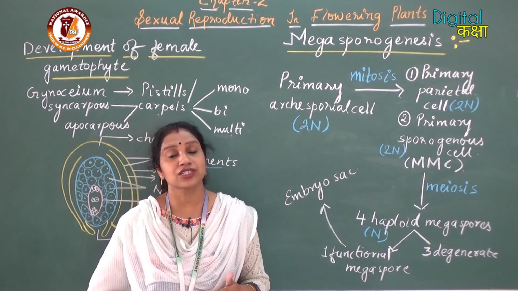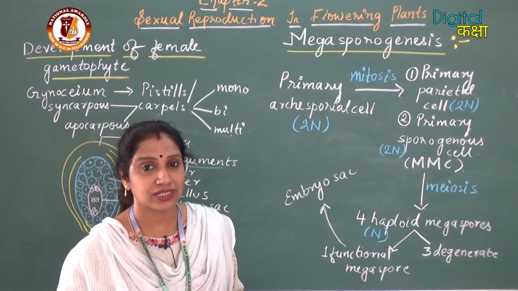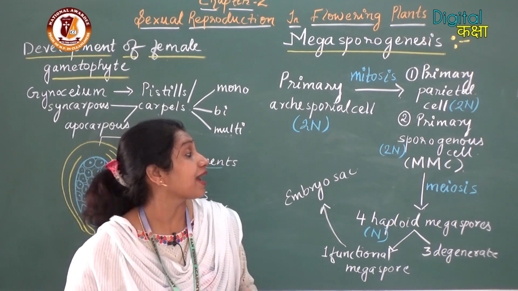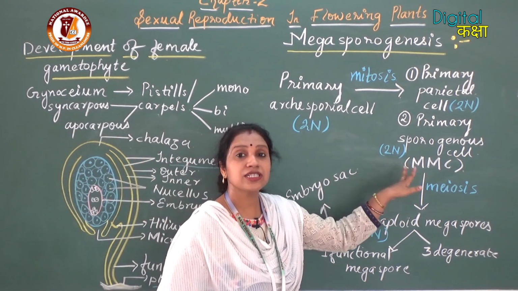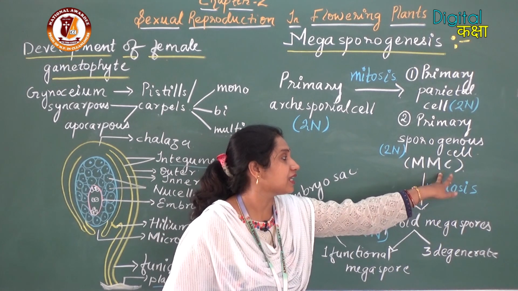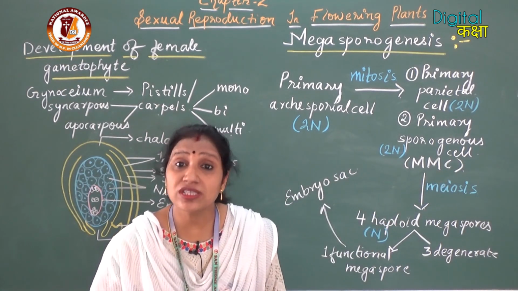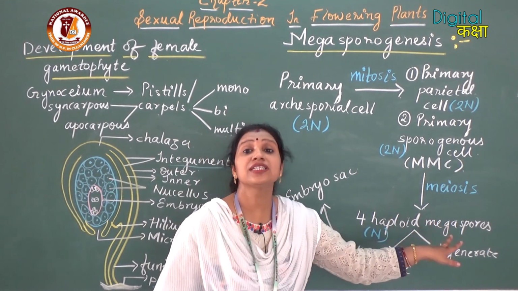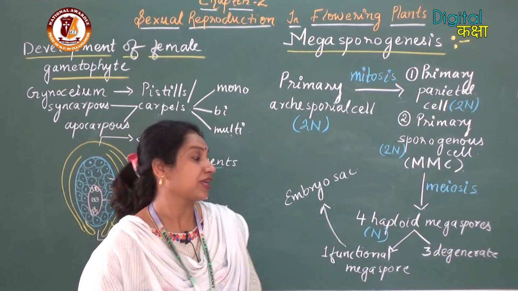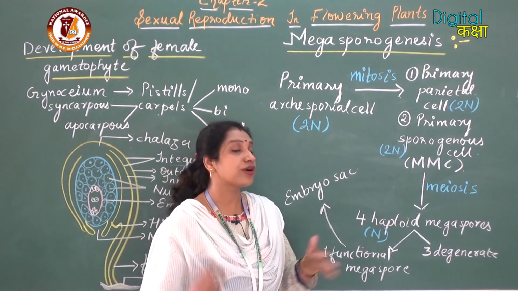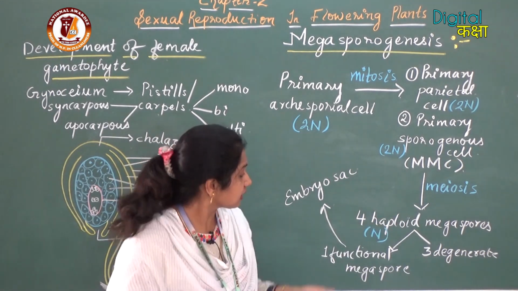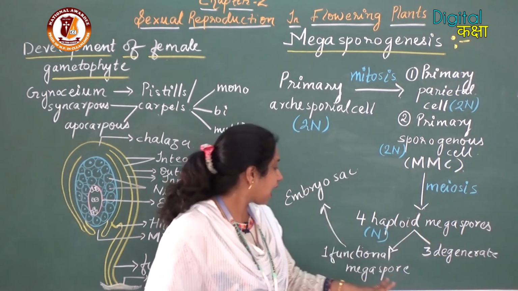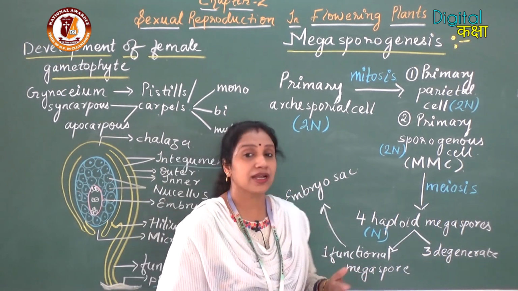So this process is called megasporogenesis. It is the process by which the diploid megaspore mother cell divides by meiosis to form 4 haploid megaspores. Now out of the 4 haploid megaspores, the 3 degenerate and only 1 functional megaspore will be there.